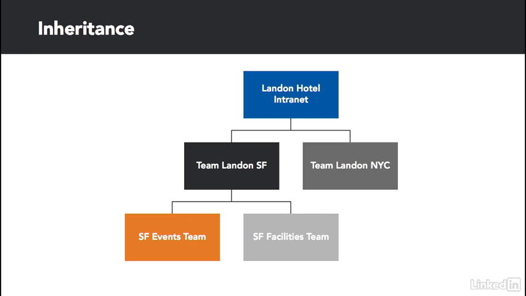And there are 2 ways that this is spoken of, 2 ways that you'll see it being referred to. One is that Team Land and SF inherits from Land and Hotel intranet. The other way you'll sometimes see it described is that the permissions from the Land and Hotel intranet cascade through Team Landon San Francisco.